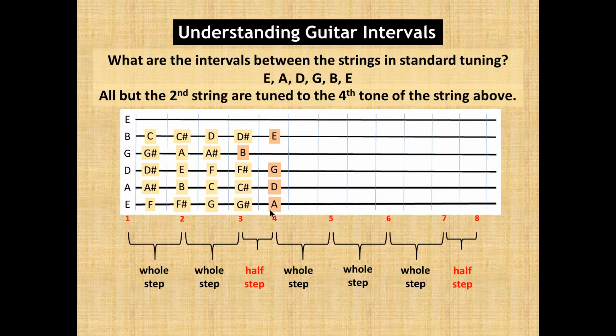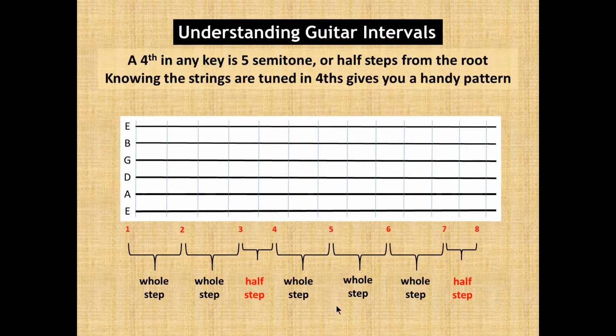The way to think about that is that this string is tuned to the 4th tone of the E major scale, the string that is above it. And this string is tuned to the 4th tone of the A major scale, the string above it. And so guitars are tuned in fourths.